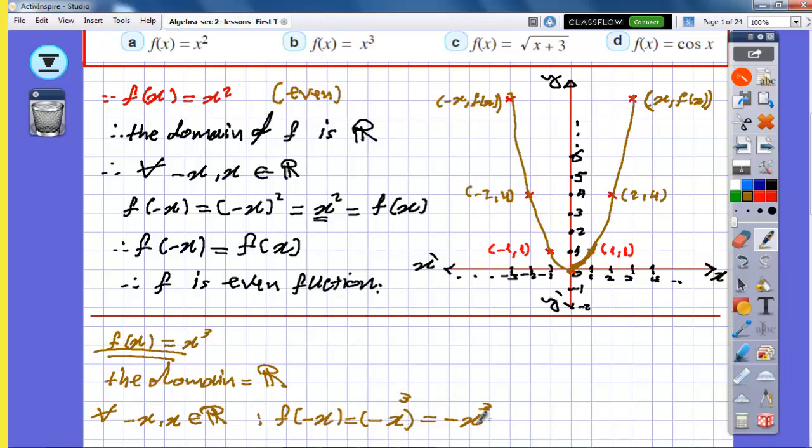And we can rewrite this term in the form negative f of x, as x to the power 3 equals f of x.